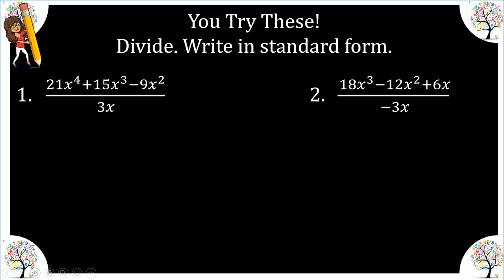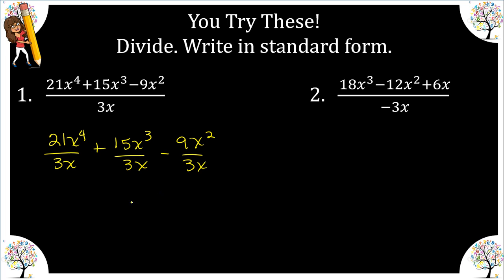Now you try these. Pause the video. When we come back, we will go over them together. Okay, I'm going to write each of these terms out. And let's divide.